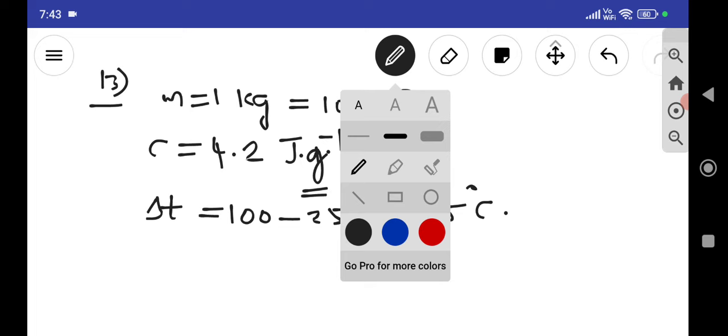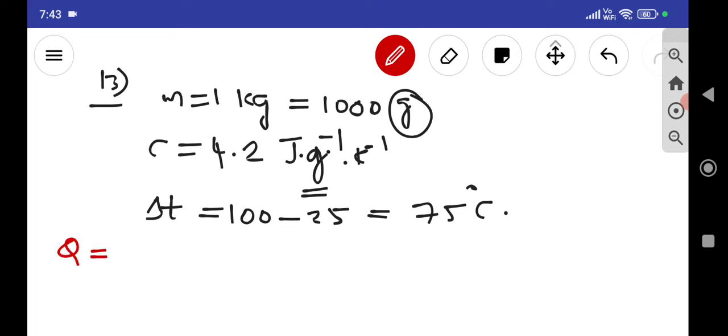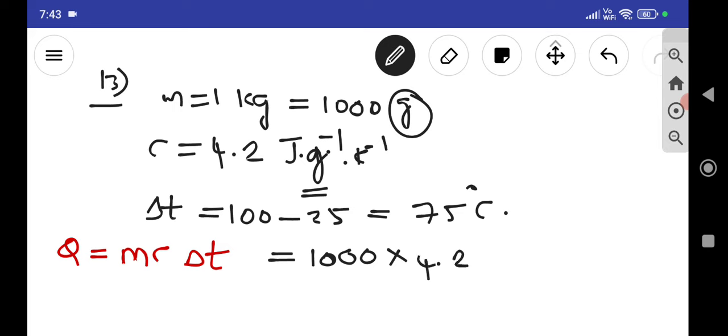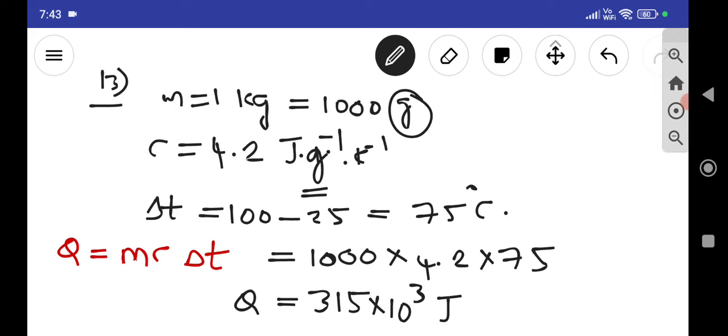So apply the formula Q is equal to M C delta T. So Q is equal to mass 1000, specific heat capacity 4.2 into 75. So we get Q finally as 315 into 10 to the power of 3 joule.